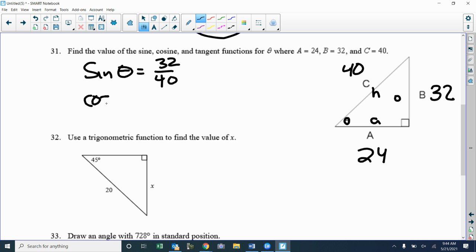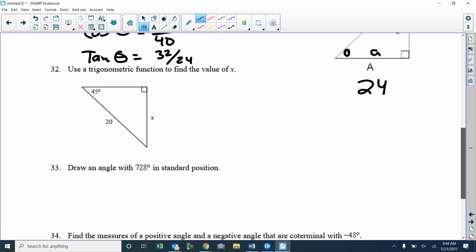Cosine then is going to be your adjacent, which would be 24 over the hypotenuse. And your tangent would be opposite over adjacent.